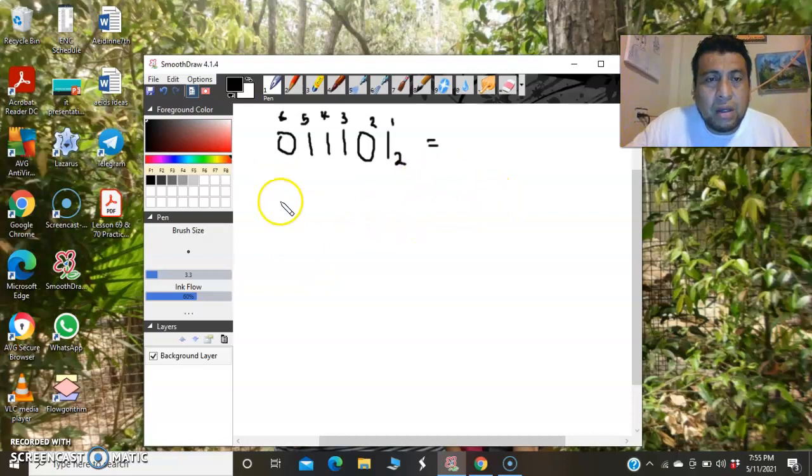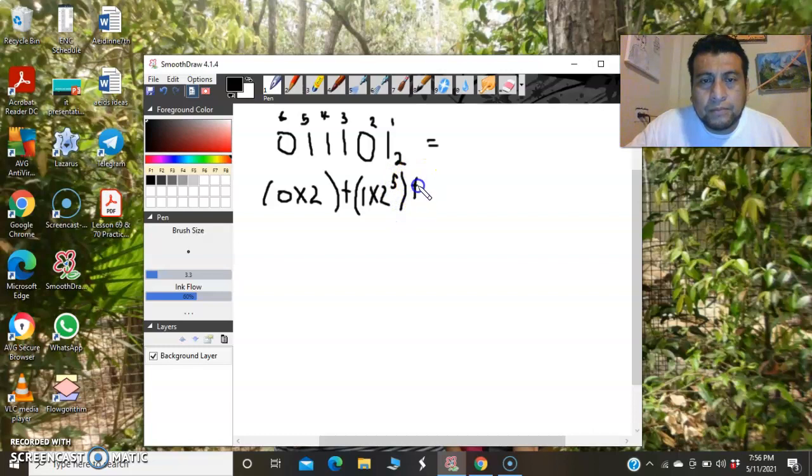So if you break it down as I showed you in brackets, let's start with this first one. 0 times 2 to the power, and 1 times 2 to the power, plus the other one is 1 times 2 to the power.